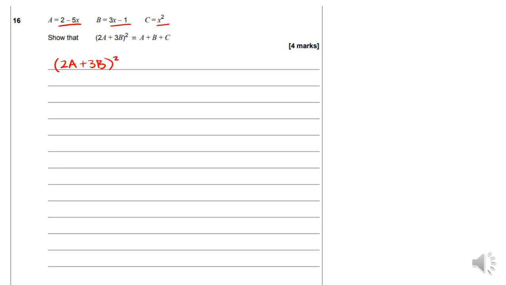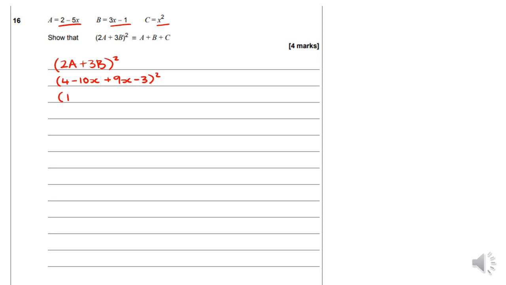I'm just going to figure out what that looks like. So 2 lots of the A would be 4 minus 10x, because I've just doubled both of those things. Let's triple all of the stuff on the B. So we're going to be adding 9x minus 3. And I'm going to square that once I've neatened it up a little bit. So what do I actually end up with? Well, I've got 4 take away 3, so that's 1.